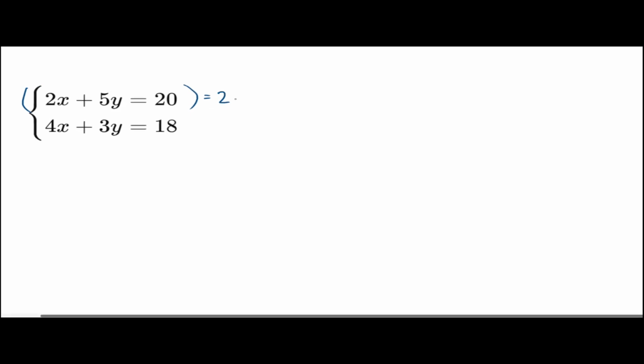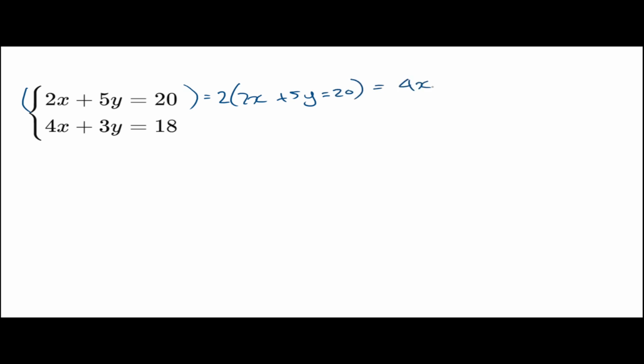So 2 times 2x plus 5y equals 20 is going to be 4x plus 10y equals 40. That's what we're going to get for that.